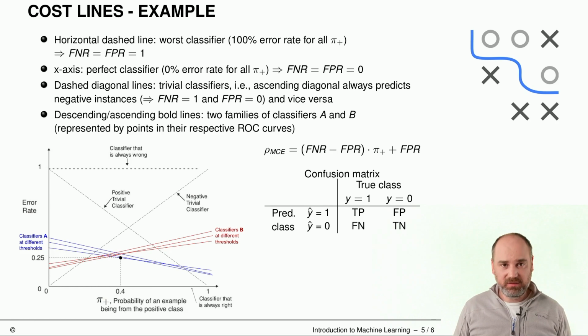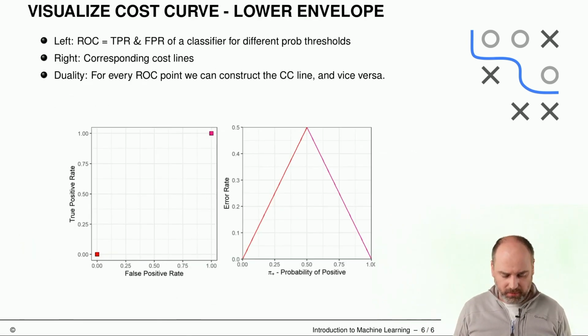And the last thing we now want to do is consider all of these different lines together when we go through all potential thresholds for a certain probabilistic or scoring classifier. So how would this work? On the left-hand side, you will now see the ROC space that we already know and have hopefully understood quite well. And on the right-hand side, we will see the corresponding cost lines for some points in this ROC space that we are considering.